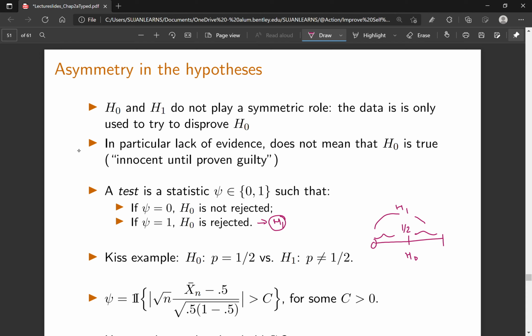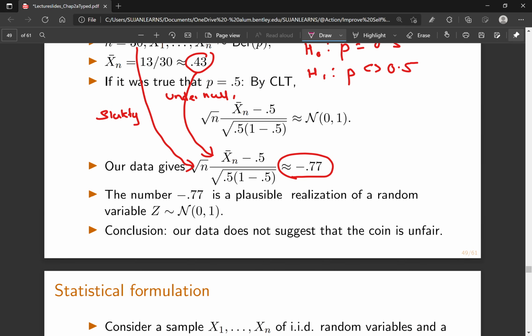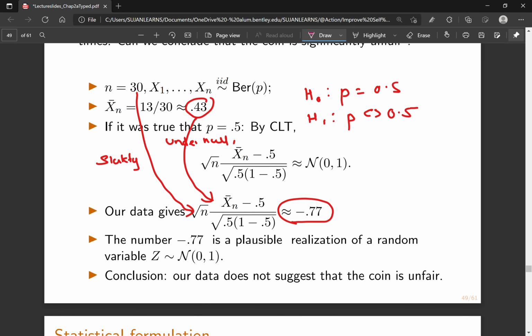Well, we can go back to the exercises we did previously and take a look at the function we created, which is X bar n minus 0.5.